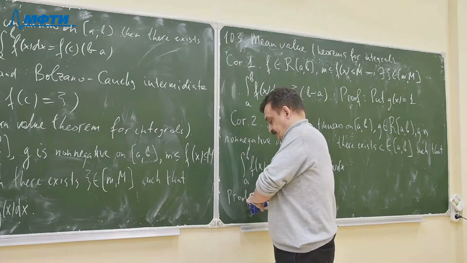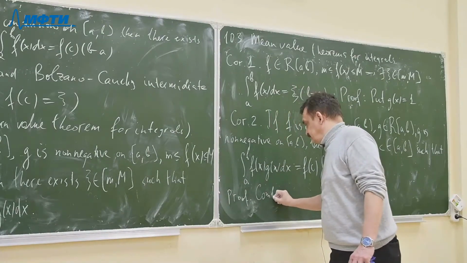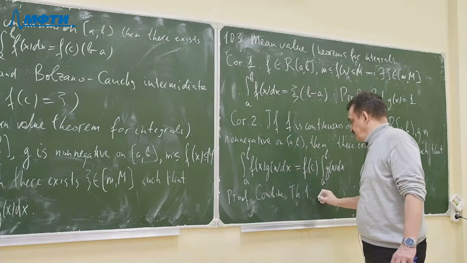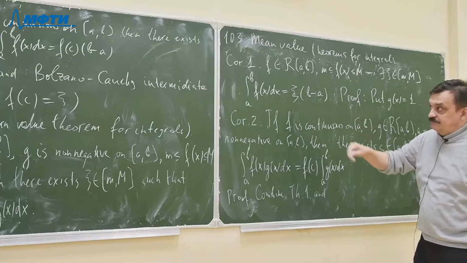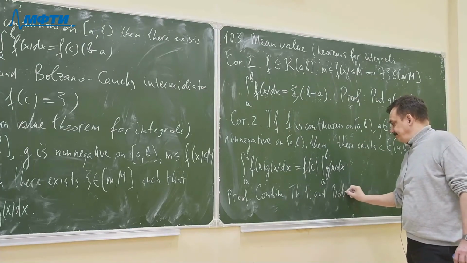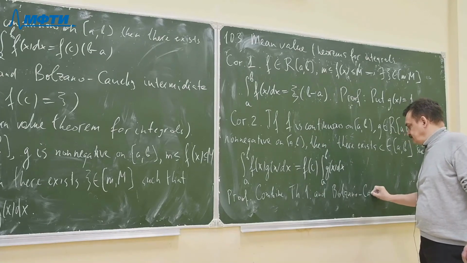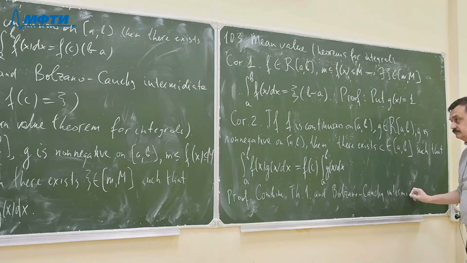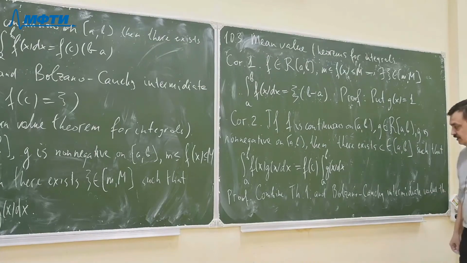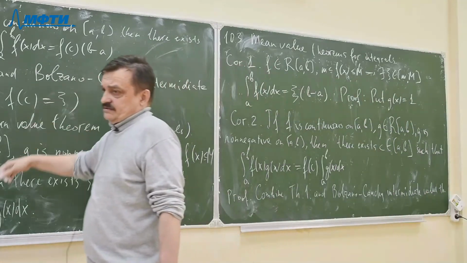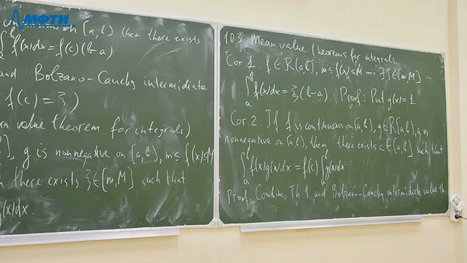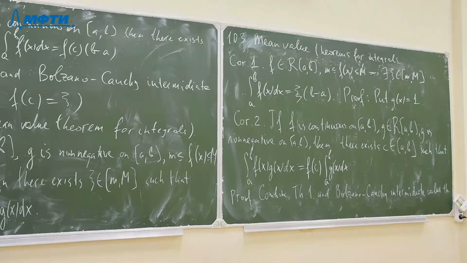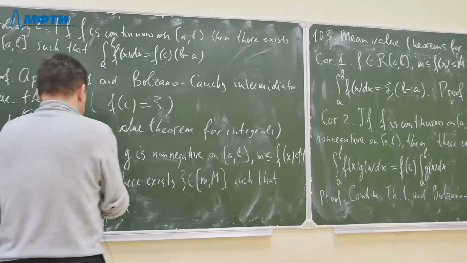Proof: combine theorem 1 and the Bolzano-Cauchy intermediate value theorem. So, just similar. Okay, now about the second mean value theorem.